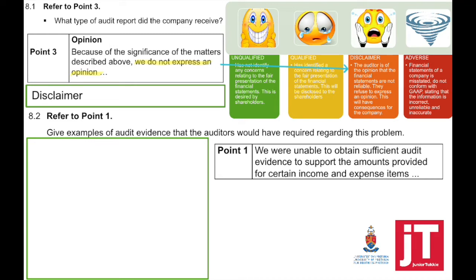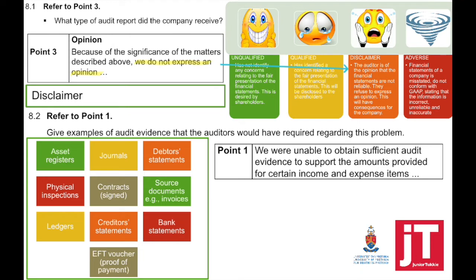Question 8.2, refer to point number 1. Point number 1 says, we were unable to obtain sufficient audit evidence to support the amounts provided for certain income and expense items. So the question says, give examples of audit evidence that the auditors would have required regarding this problem.